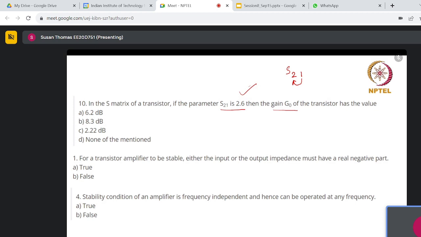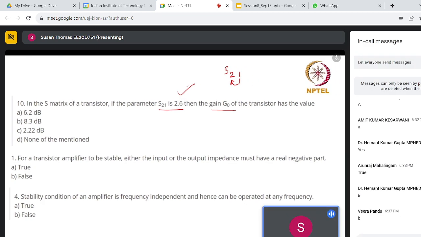Some answer has come 8.3 dB. Can you please answer? How did you get this 8.3 dB?